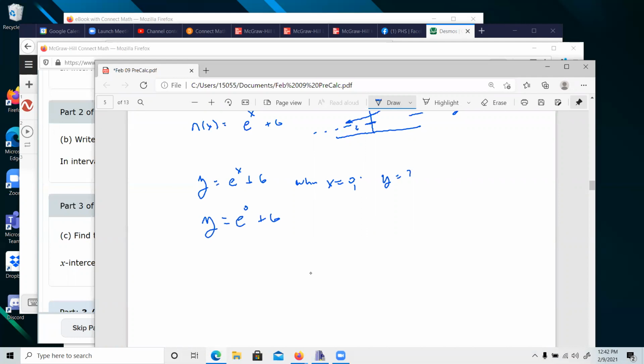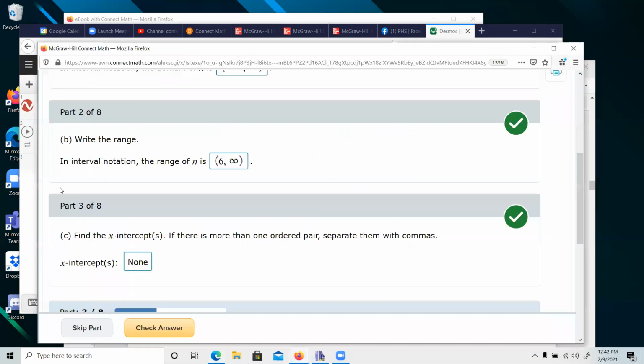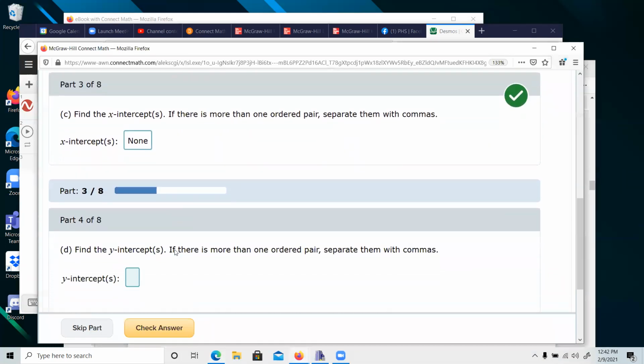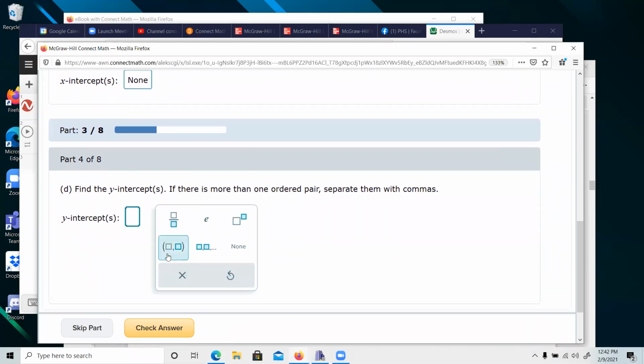What is e to the 0? It's 1. So be careful about that. That's a place where students mess up, is they say, oh, it's a 0. It's automatically 0. No, there's a couple of functions that are not 0. Do we need a point? I think we want the point (0, 7).